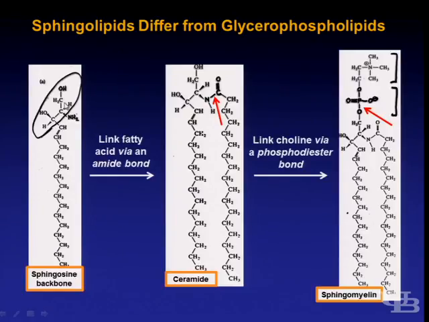No, it's not a long-chain fatty acid. It's a long-chain fatty alcohol here. So the first thing is this is going to be common to all of the different sphingolipids. We're going to bring in another fatty acid now, but we're not going to hook it up in an ester link.